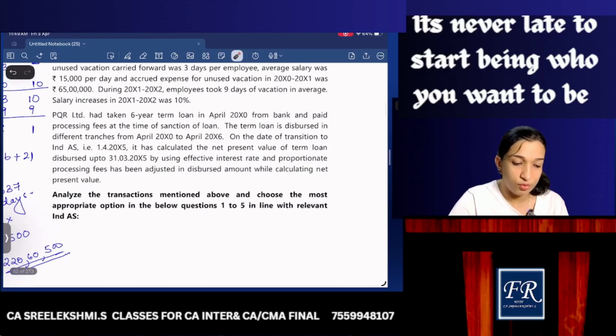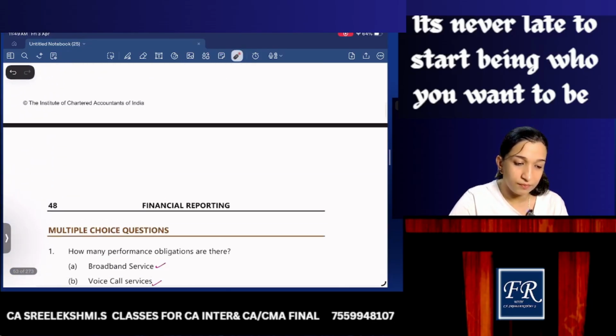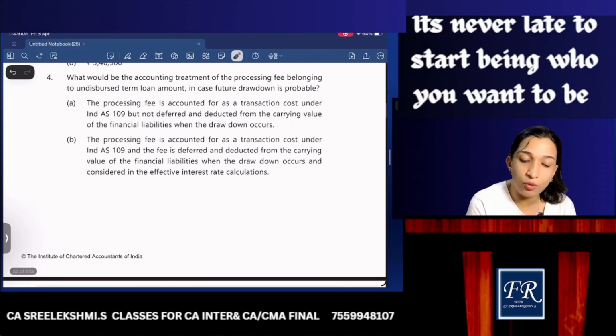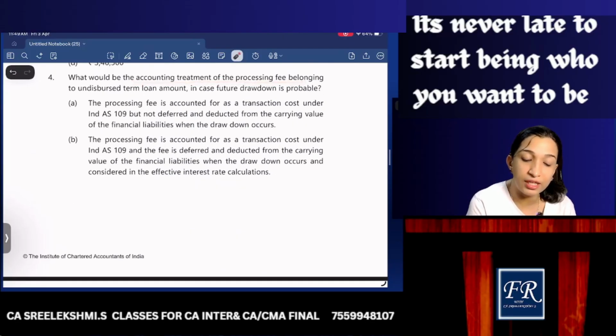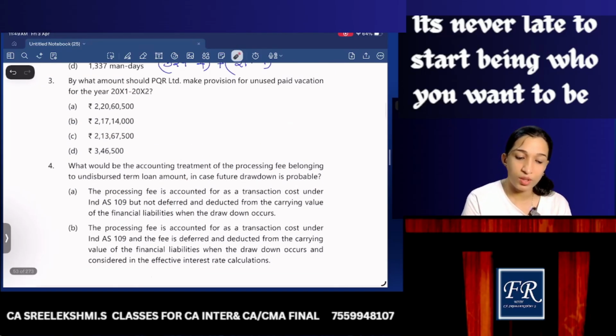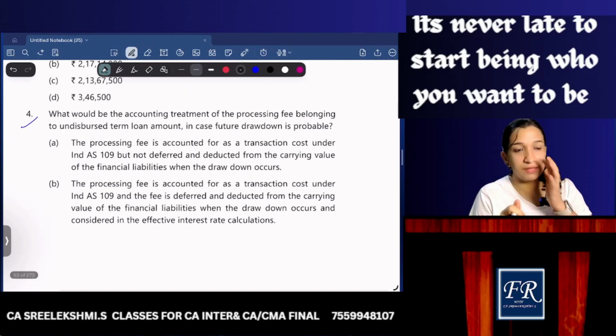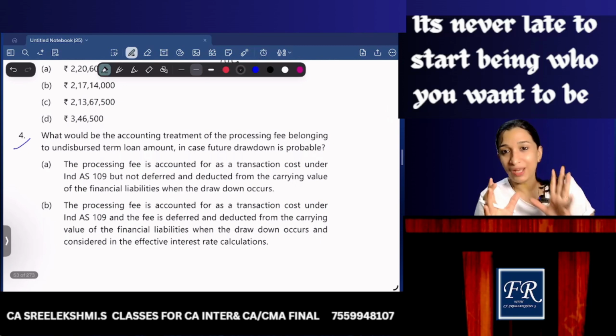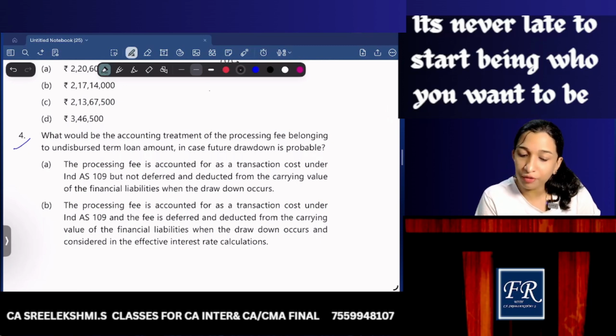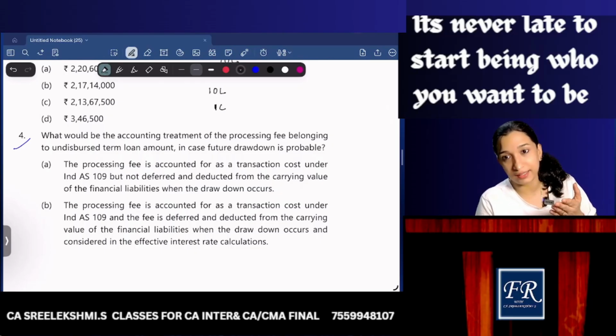Okay. So what is the question? What would be the accounting treatment of processing fee belonging to undisbursed term loan amount in case future drawdown is probable? So what does that mean? See what is to be done. Now listen here. If there is a loan of 10 lakhs and the transaction cost is 1 lakh, you have withdrawn only 5 lakhs.